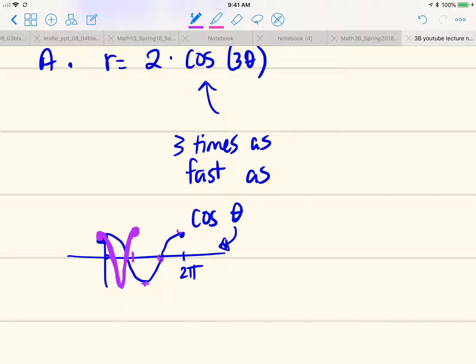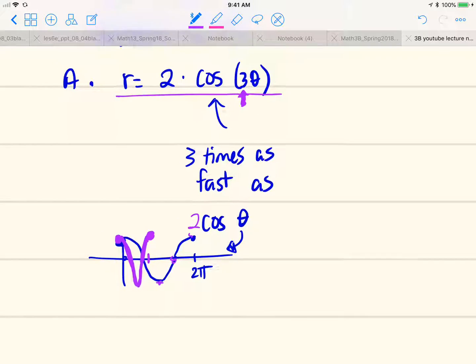Another way to see that it's 3 times as fast is to take the derivative. If you take the derivative with respect to theta, you'll get a value that is 3 times the derivative of 2 cosine theta. Because of the chain rule, that tells me that my theta is moving 3 times as fast.